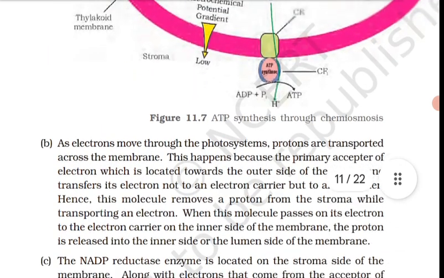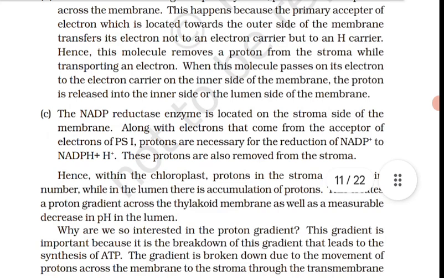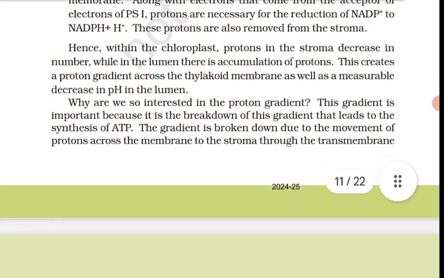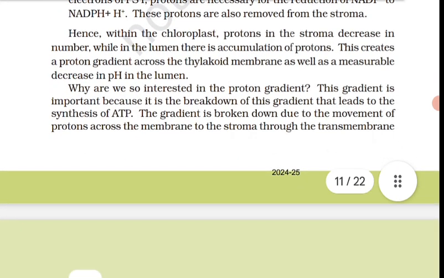Simultaneously, electrons in the reaction center of PS1 are also excited when they receive red light of wavelength 700 nanometer and are transferred to another acceptor molecule that has a greater redox potential. These electrons are then moved downhill again, this time to a molecule of energy-rich NADP+.